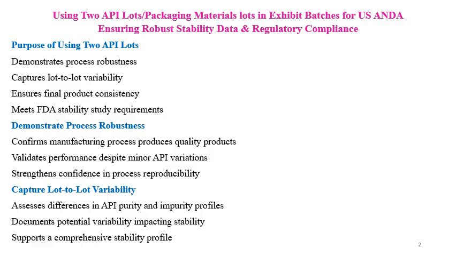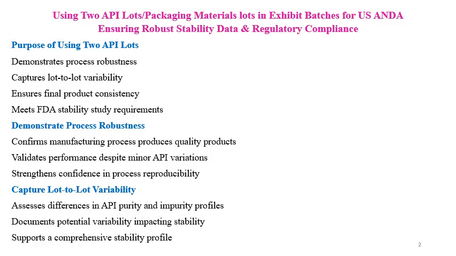Because as we know, different API lots will have different values or different CMAs like particle size, bulk density, the impurity profiles, and some other quality attributes. That's why if the formulation is demonstrated to be robust with different lots, then it can strengthen the process reproducibility.